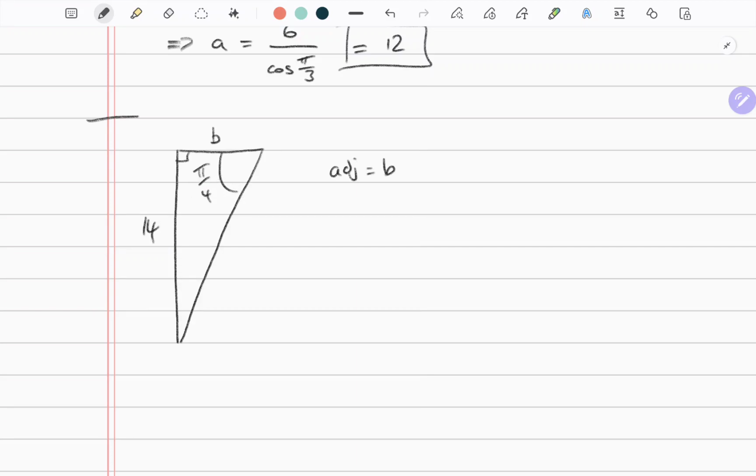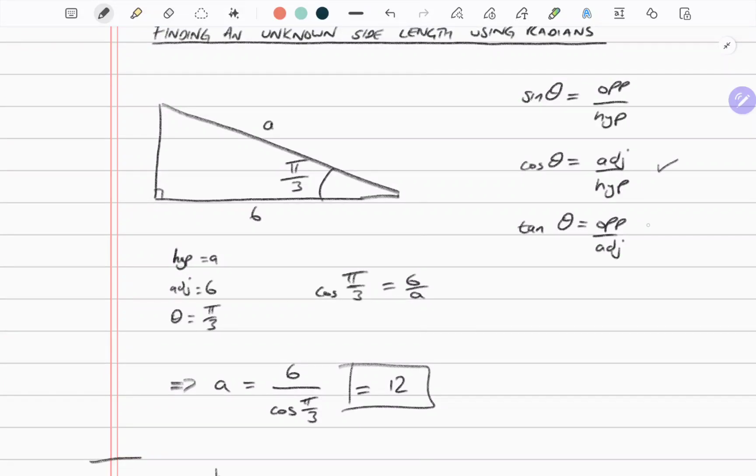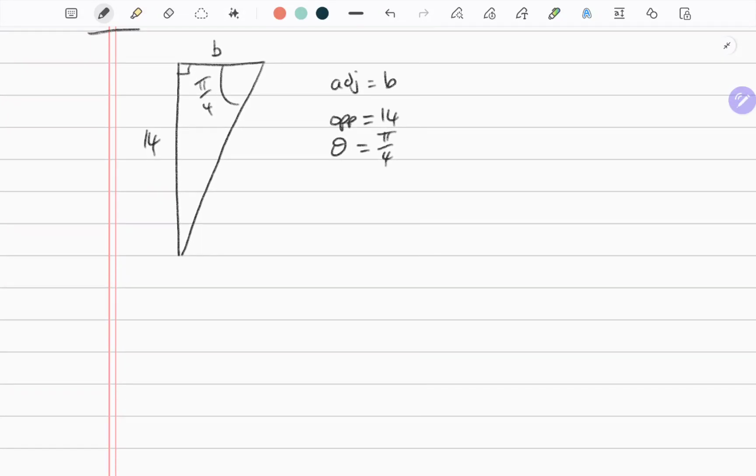We have a side length opposite the angle, so we have opposite, and that is 14, and we know that theta is equal to pi by 4 radians. This means that we'll be using tan theta, the tan ratio.